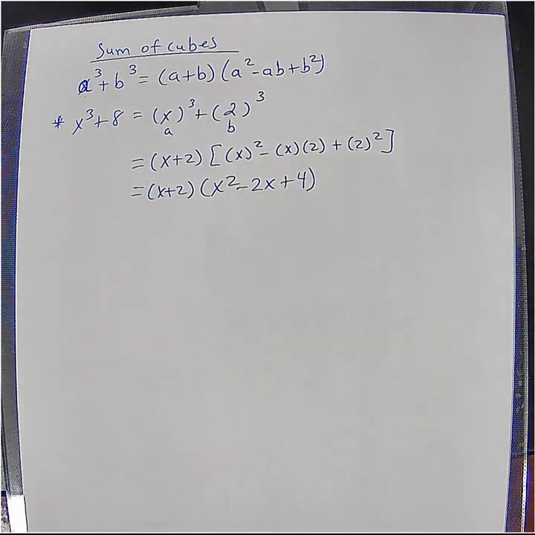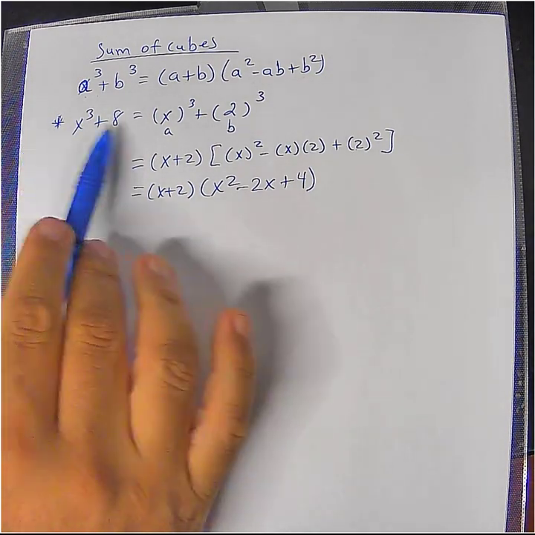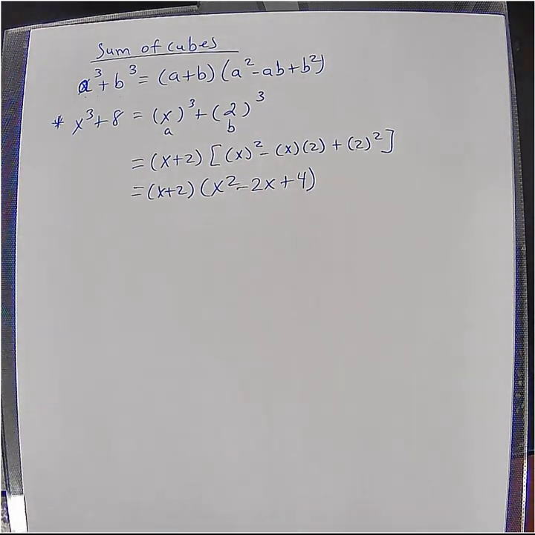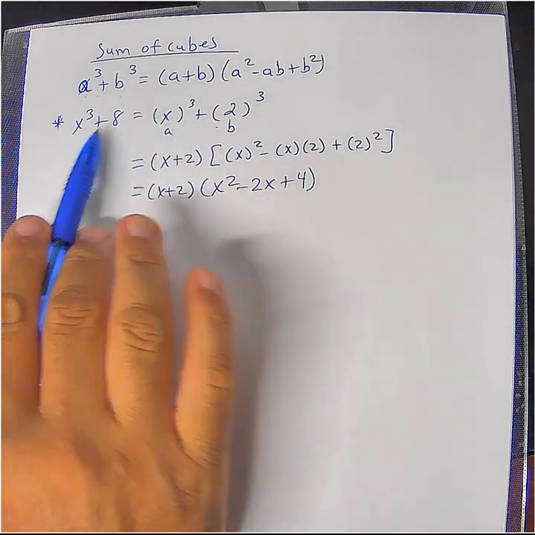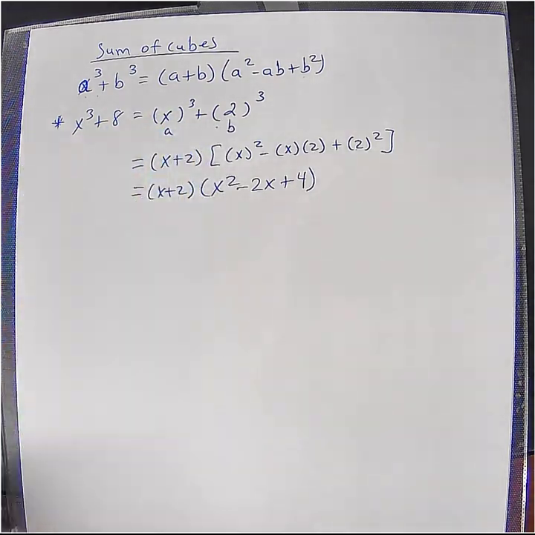And again, we should have checked GCF. This one does not have a GCF. But if it does have a GCF, then you just take out the GCF, and then you go through this motion one more time. That is the sum of cubes. Nothing's different. It's the same.